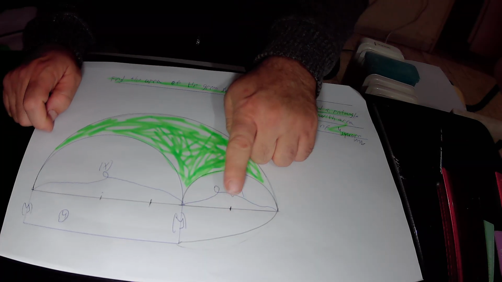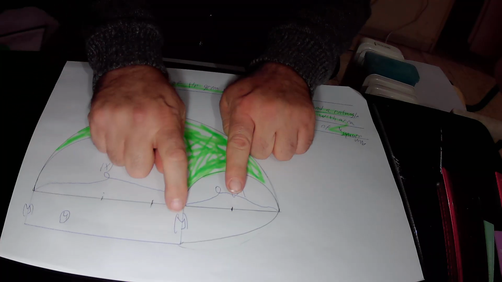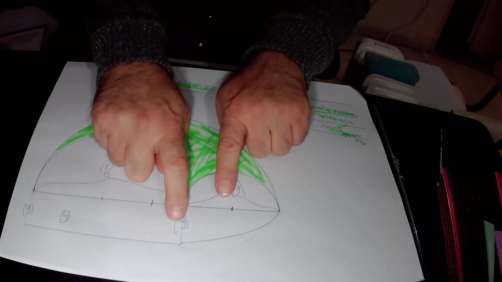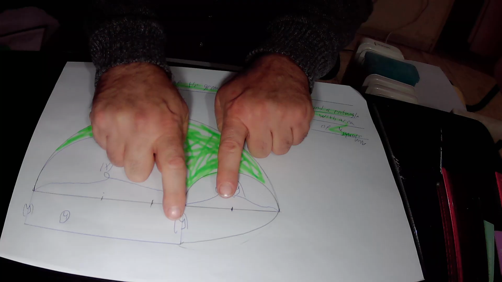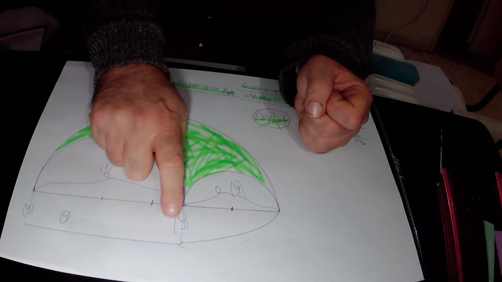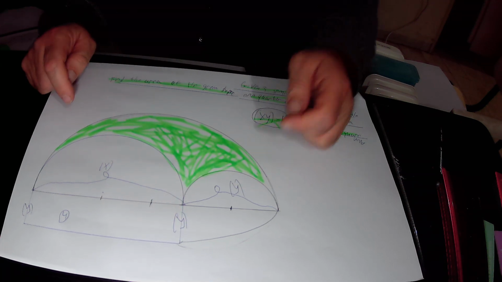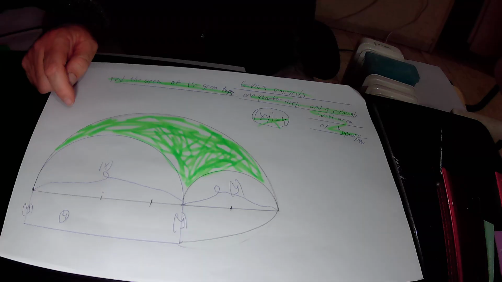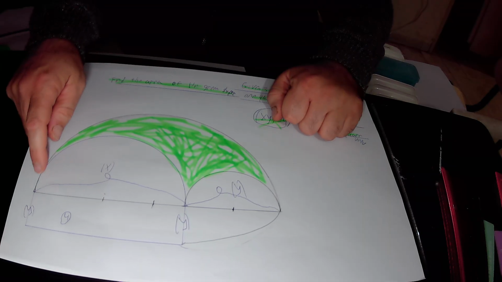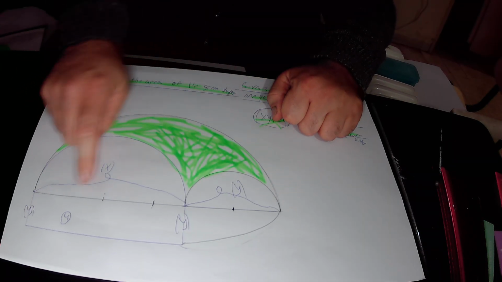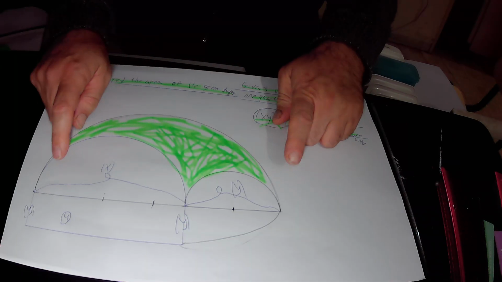This is a quarter circle. Those two sides are defined as the radii of this quarter circle. Therefore, their lengths must be equal to each other. But the radius of this quarter circle is y, so this is also y. So the radius of this biggest semicircle equals the diameter over 2.